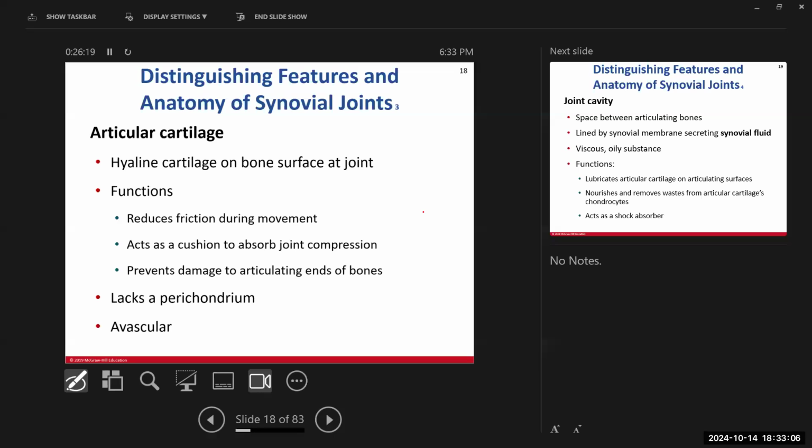And of course, as we know, all mature cartilage is avascular. So this cartilage has to get its nutrients and get rid of its waste through the process of diffusion. And we're very familiar with diffusion. And what helps facilitate diffusion in articular cartilage is movement.